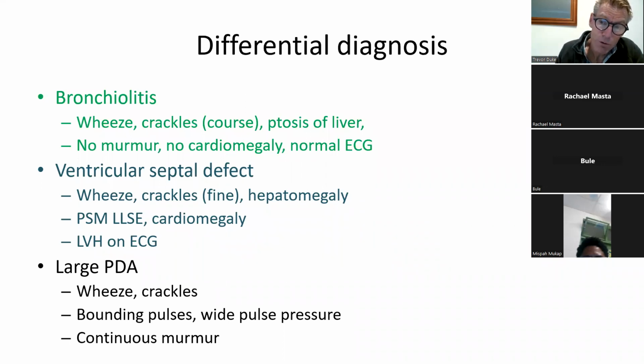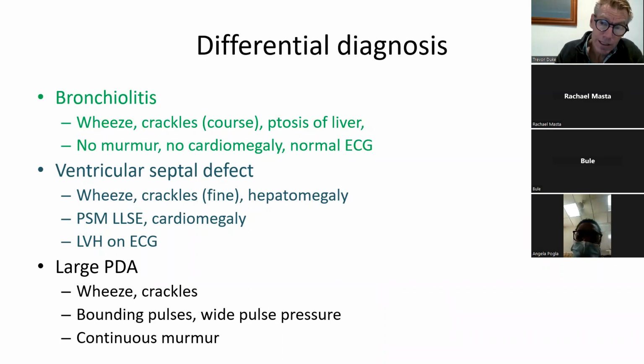We've talked about this before, but their blood pressure might be, say, 90/30 with a pulse pressure of 60, which is a wide pulse pressure, and their pulses may feel bounding, as if they've got a hyperdynamic circulation.